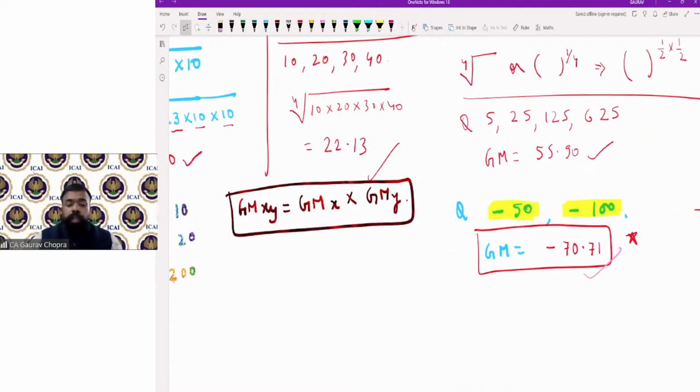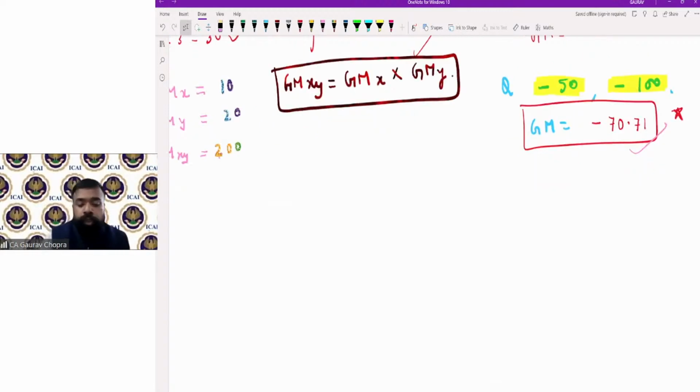Okay. So there are a few conditions for geometric mean to be applicable. When will geometric mean apply? When all observations have the same sign.